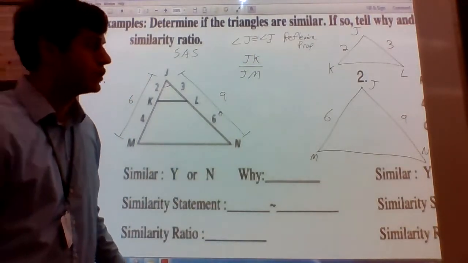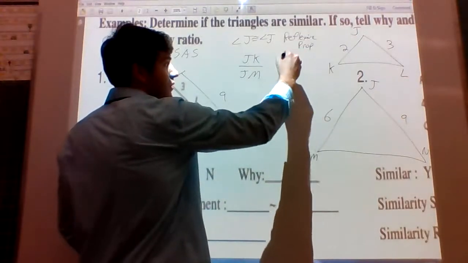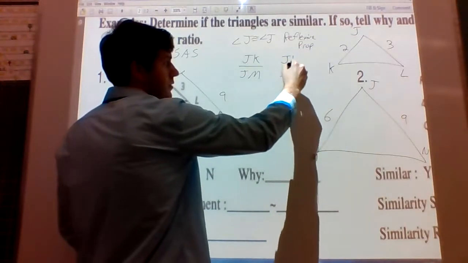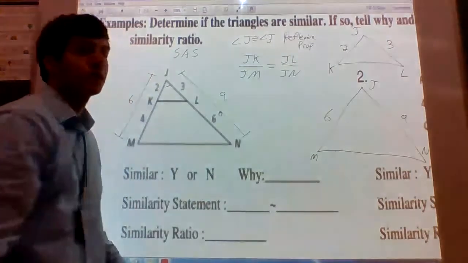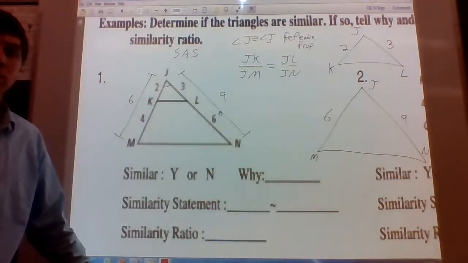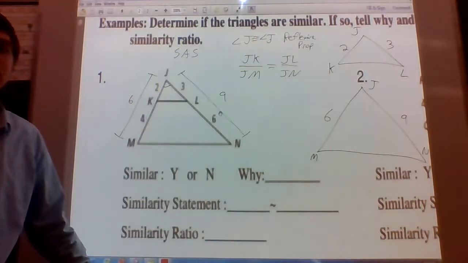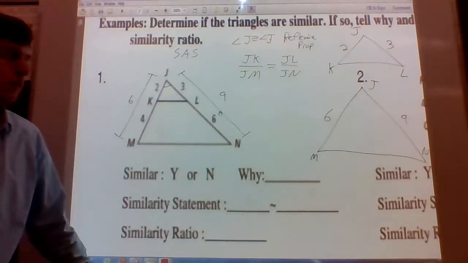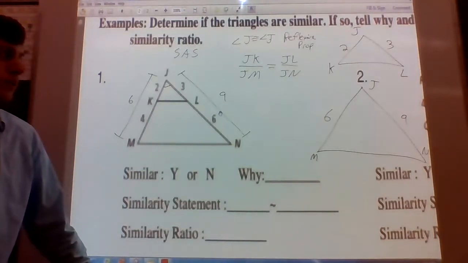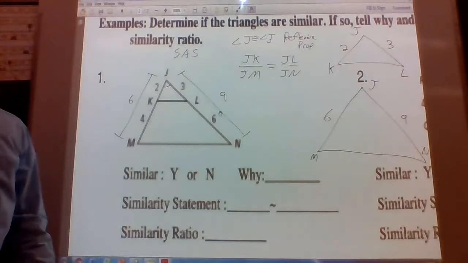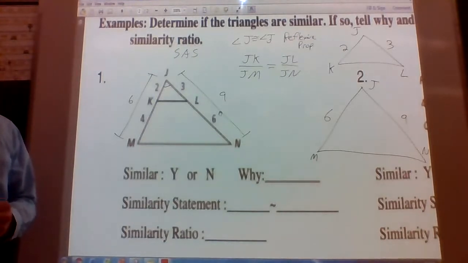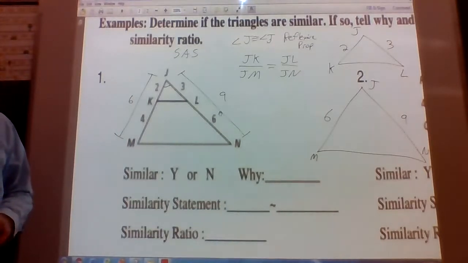And then JL corresponds with JN. If we're going to show that they're similar, we have to show that the ratios are equal. If these ratios are equal and the pair of included angles are congruent, the triangles will be similar by side, angle, side.